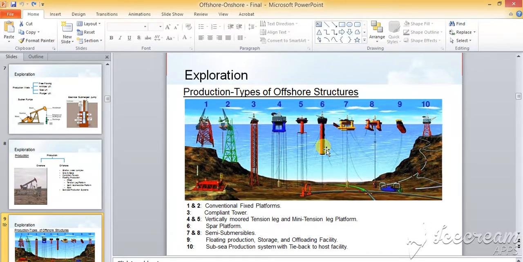Then come the semi submersibles, these kinds of structures at 7 and 10. Half of them is inside the deep sea, half of them is outside the deep sea. That's why they are known as semi submersible. Then come the floating production, storage and offloading facilities. It has the same string structure.